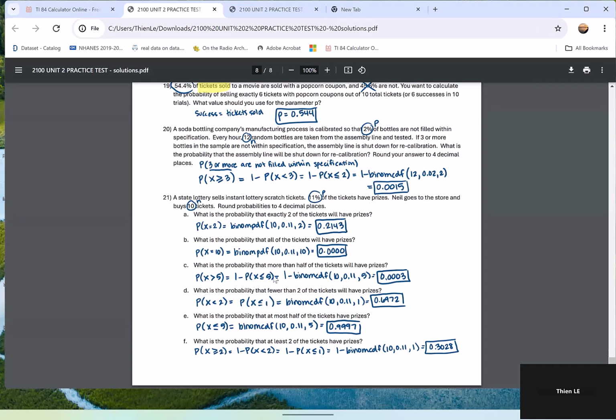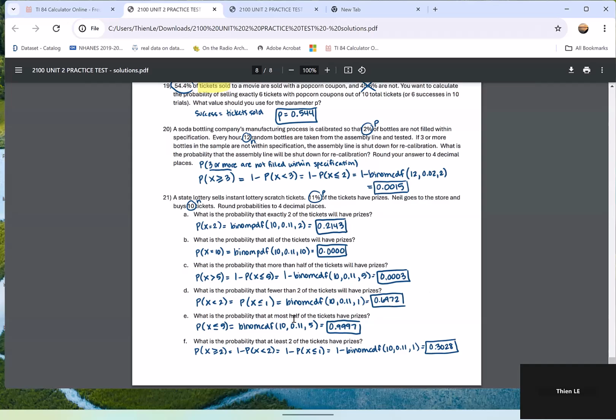So be very careful here, okay? So this already gives us the binom CDF. What is the probability fewer than 2 tickets have a prize, right? Fewer than 2, which means less than 2, which means 1 and below, right? And here again, you do binom CDF, you get that probability.